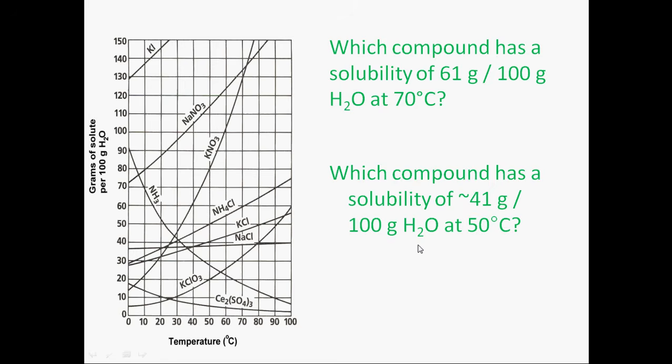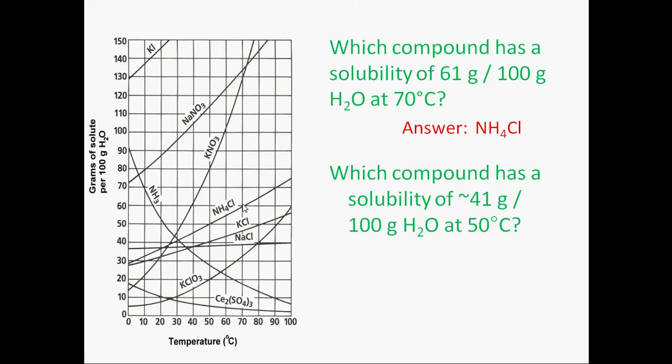So in order to do this, I'm going to go to the temperature of 70 degrees and up to the solubility of about 61, and just see which solubility curve intersects it right there. In this case, it looks like it's ammonium chloride. That's the one that seems to intersect this point of 70 degrees and 61 grams.